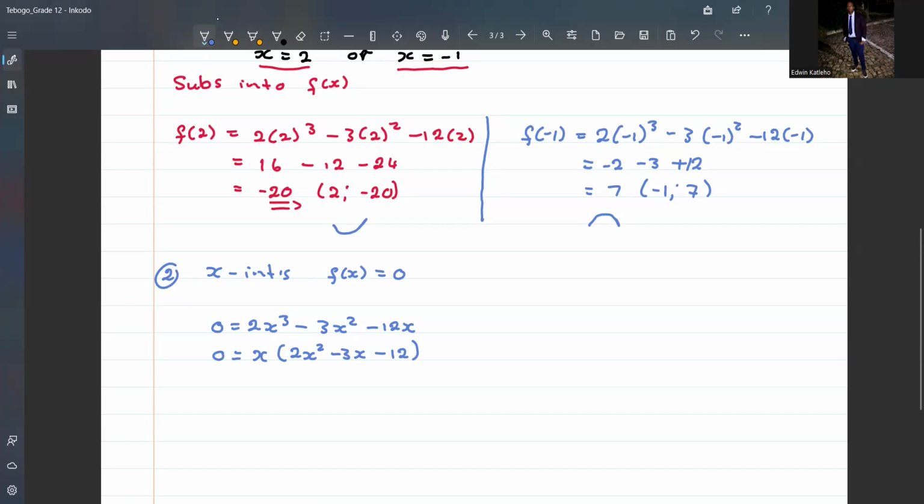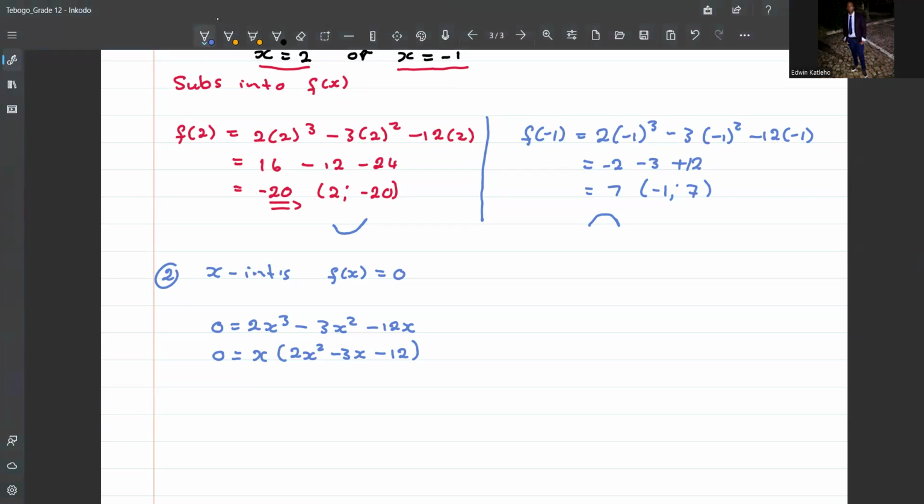So what I see here is that if we're looking for the factors of 24, when you subtract them, you get 3. 6 times 4, 12 times 2, 8 times 3. So unfortunately, we cannot factorize this. We are going to get a decimal number, right? So when you get to this part, you have to use a calculator.